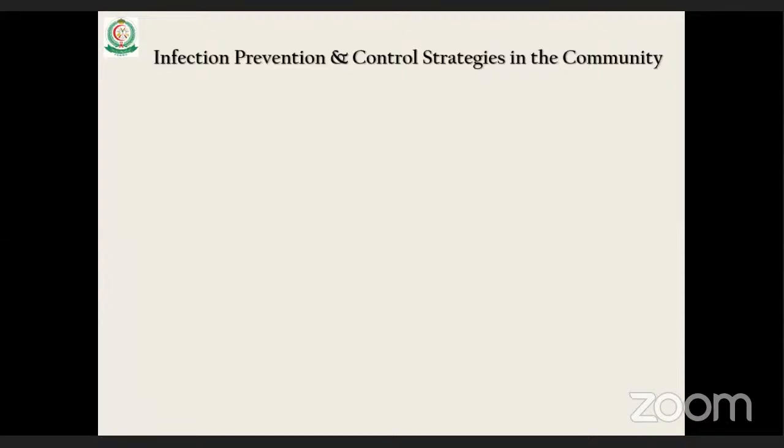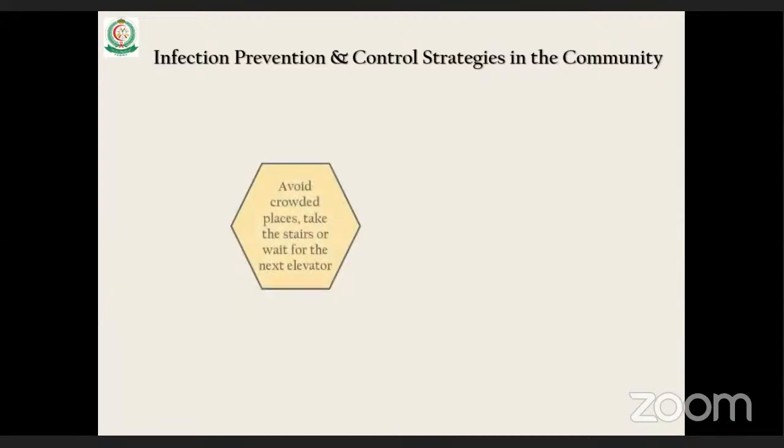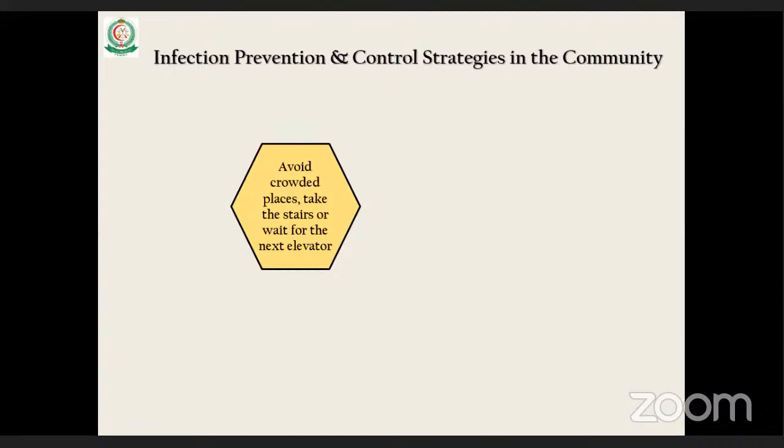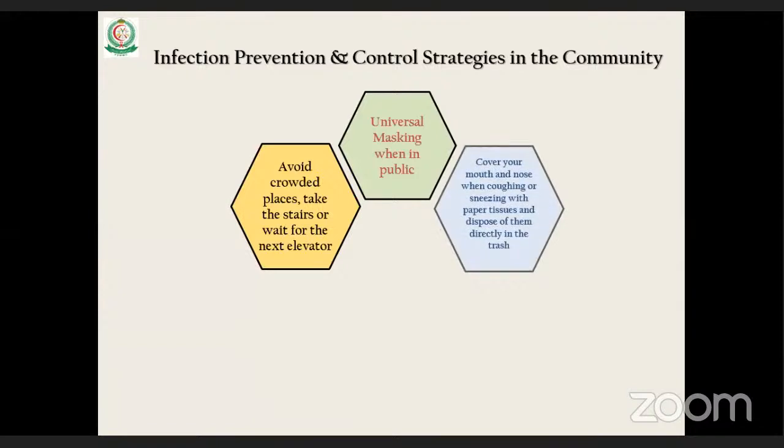What about the community? It's very important to avoid large gatherings and crowded areas. And if you have to go up in a building, use the stairs instead of the elevator, especially if there is a large number of people in the elevator. Universal masking should be continued until we get rid of this pandemic. Practice respiratory etiquette when you sneeze or cough.